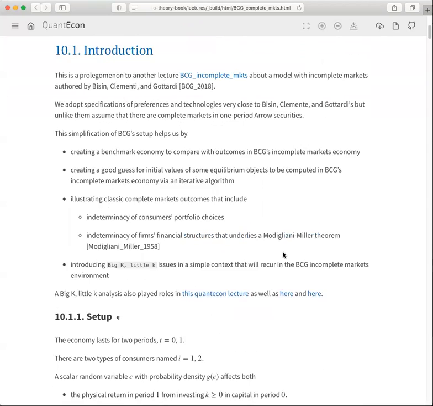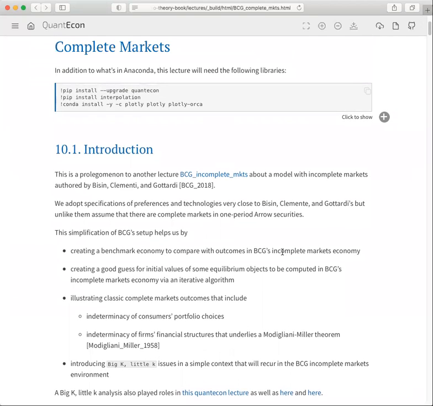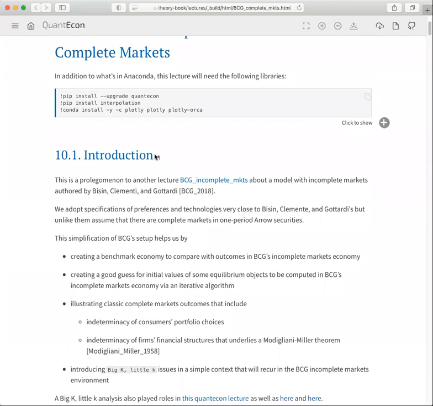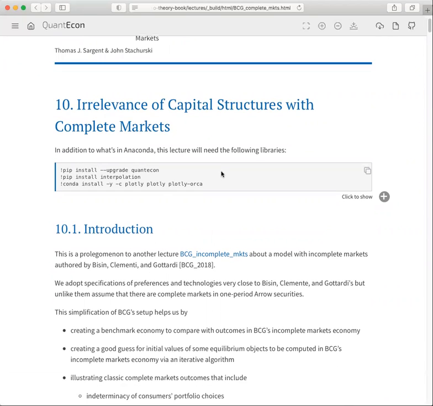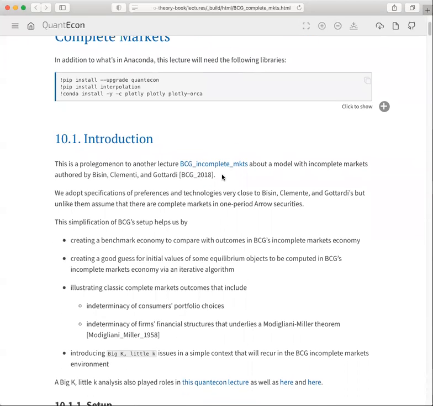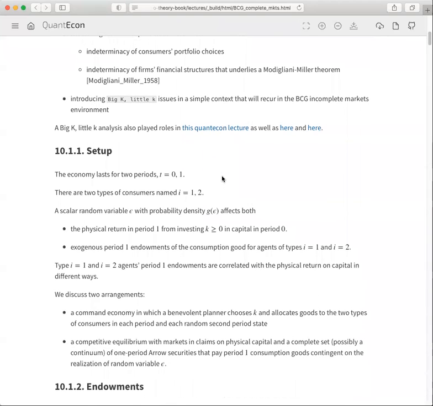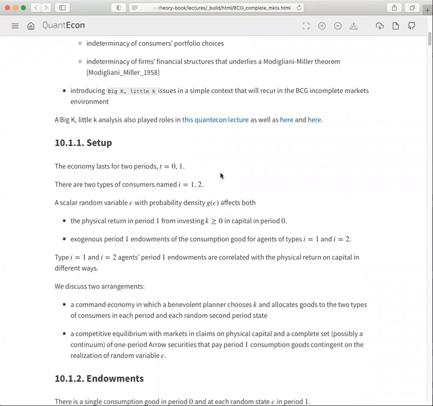So let's dive in. The text for this is a quantecon lecture, I should have said, entitled Irrelevance of Capital Structures with Complete Markets, that you can find on the quantecon site. The economy is going to only last for 2 periods, t equals 0 and 1.